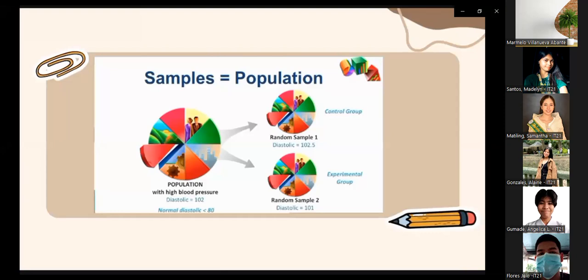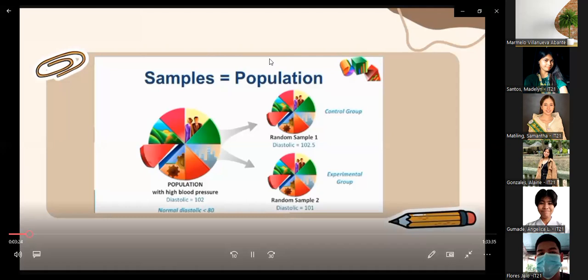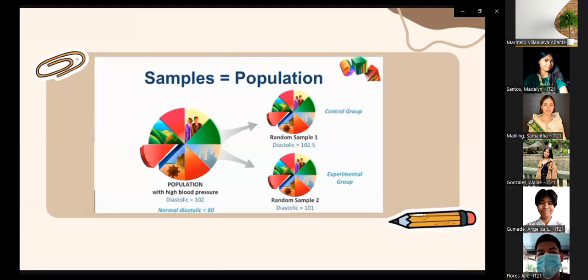The diastolic of the population is 102. The diastolic of the sample is 102.5. Those numbers are about the same. There is a random variation, but the sample mean represents the population mean. So it's still pretty close, and the variation we see is due to chance.